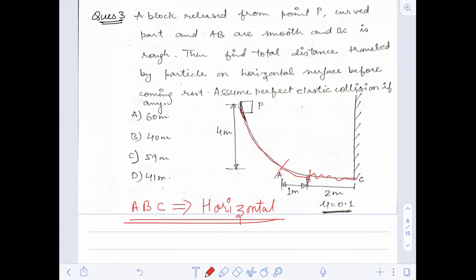Total distance traveled by the particle on a horizontal surface before coming to rest. I have got one answer, D, 41. Anyone else who has got 41? Anyone who has got 40? Yeah, I got one, 40.